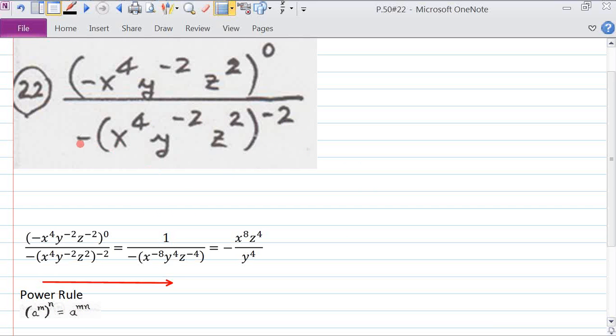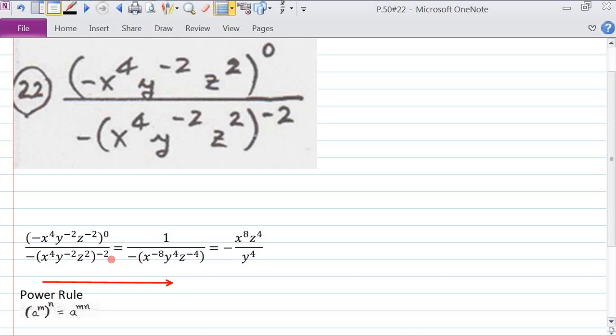So the minus here is the minus here, and then we're going to multiply 4 times minus 2, and get minus 8. We're going to multiply minus 2 times minus 2, and we're going to get plus 4. And then plus 2 times minus 2 gives us minus 4.